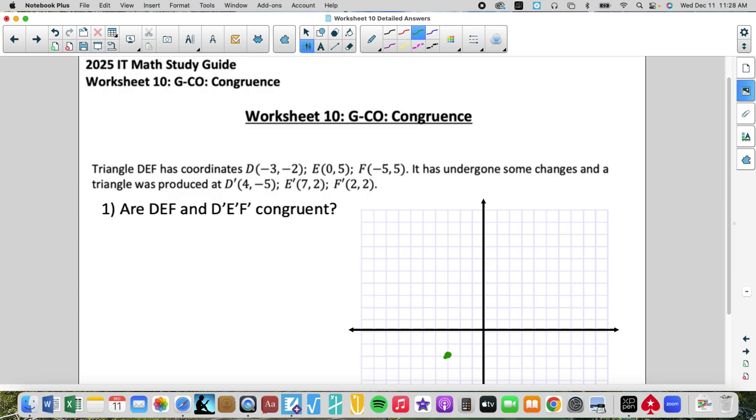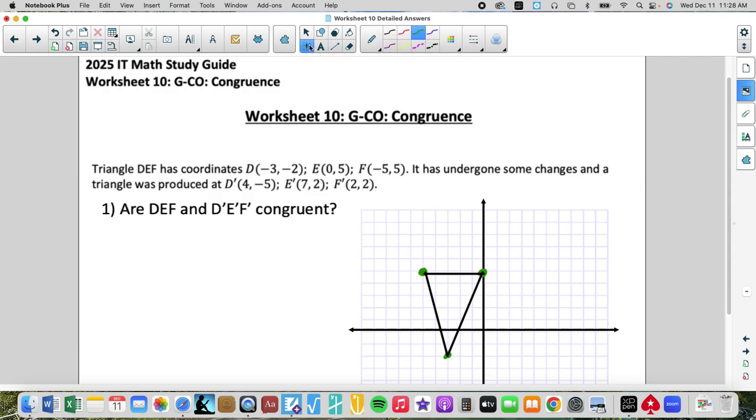Then 0, 5, and then -5, 5. So that's my object, and we can connect the dots so we can see what our object looks like.